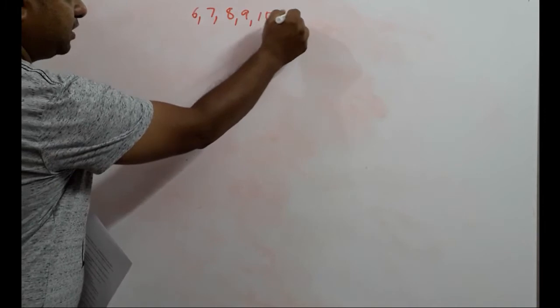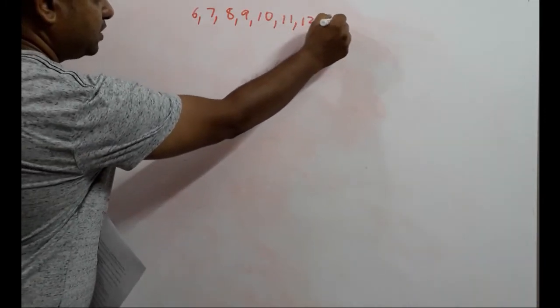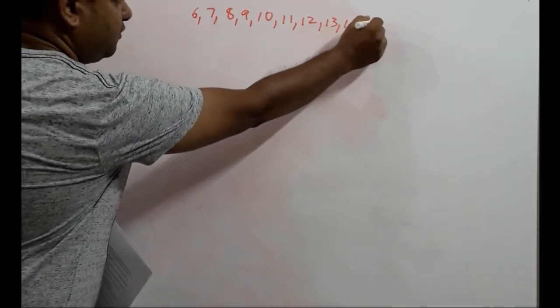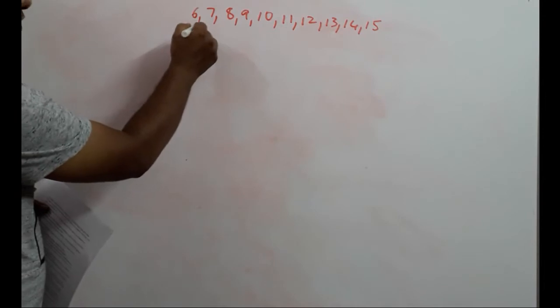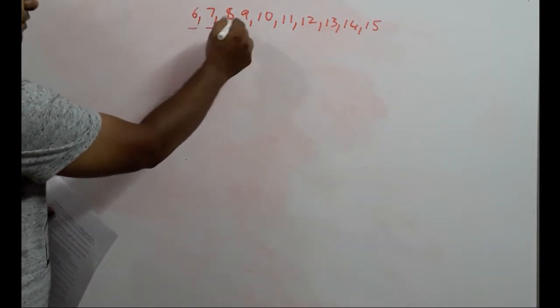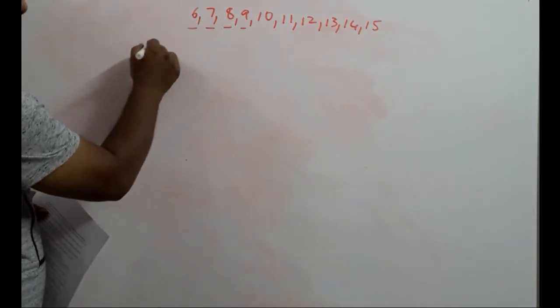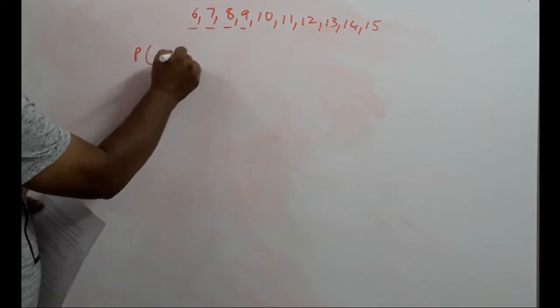It is 6, 7, 8, 9, 10, 11, 12, 13, 14 and 15. So in total there are 10 numbers and we are asked to find the probability of getting a card with number less than 10. Which are the numbers less than 10? 6, 7, 8, 9.